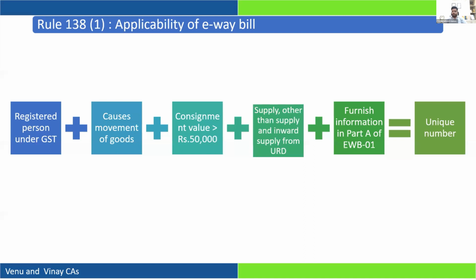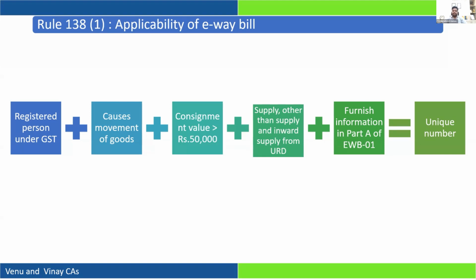I'm the employer. I'm a registered person, and I'm sending a laptop to my employee who is working from home. The value of the laptop is around 60,000. In this case, do I need to raise the e-way bill? Yes.